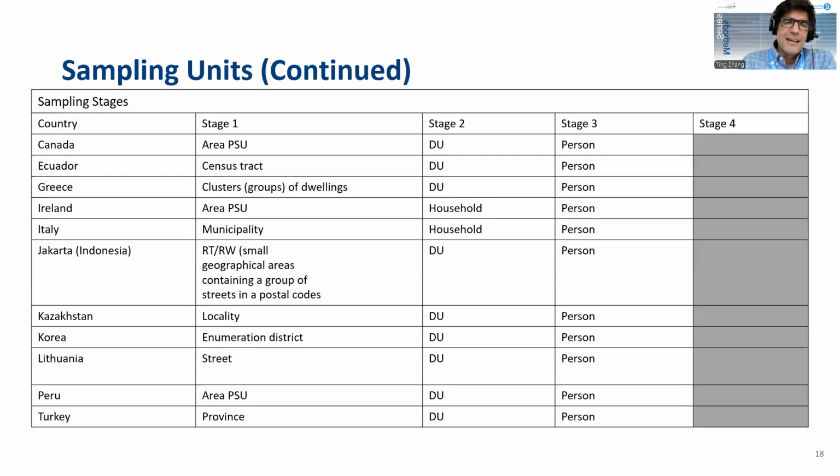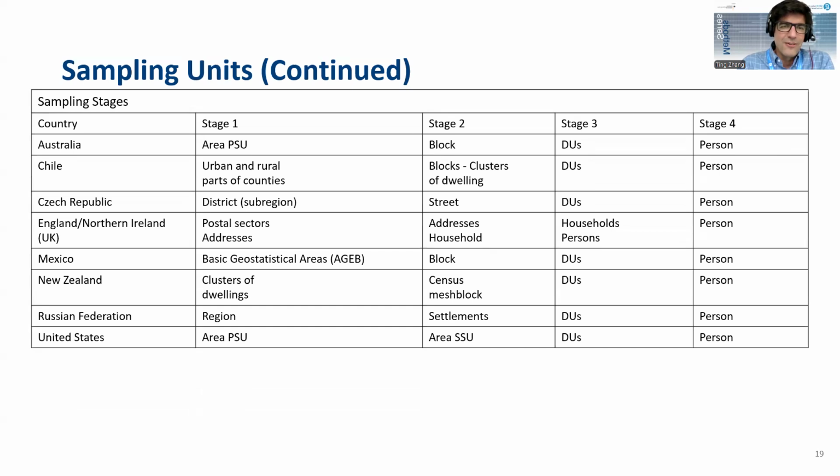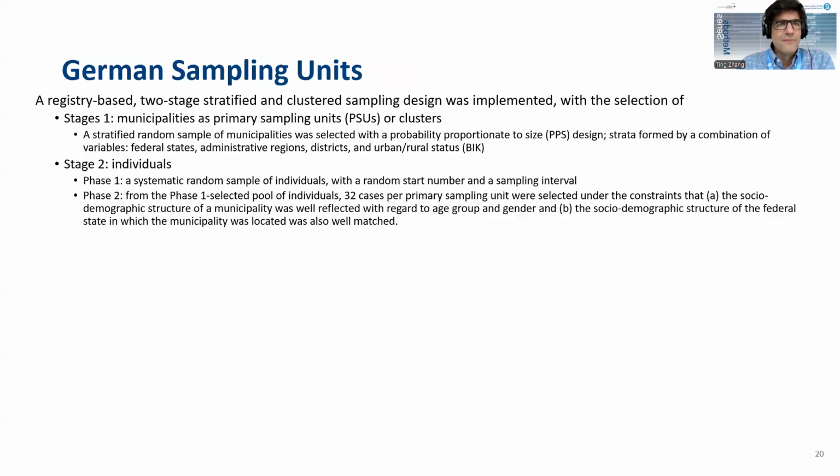But we're going to see that in the larger three-stage design, oftentimes the second stage is a dwelling unit, or a household, in these three-stage designs. And then finally, there's the four-stage designs where there was a geographical area that was sampled, potentially a smaller geographical area, and then oftentimes households or dwelling units, and finally, people.